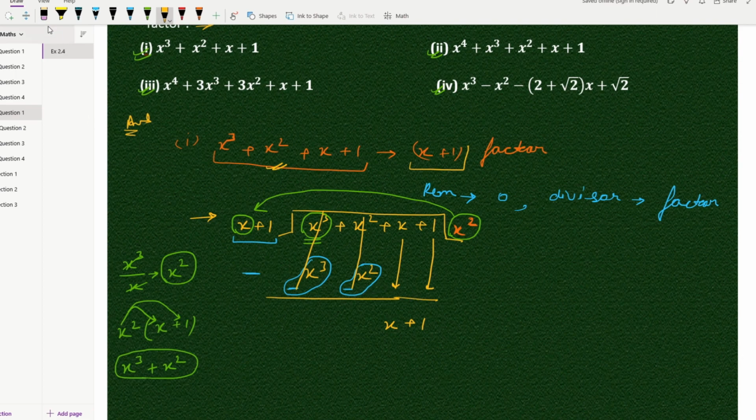Again you have to repeat the same steps, because here the highest power of x is 1 and here also in the divisor it is 1. So they are the same powers, you have to repeat the steps.